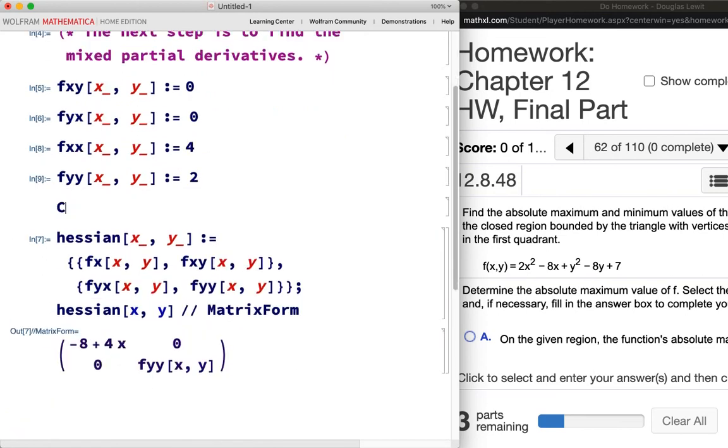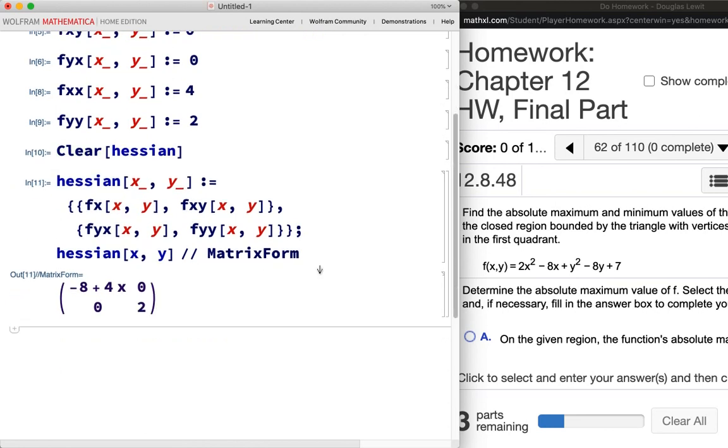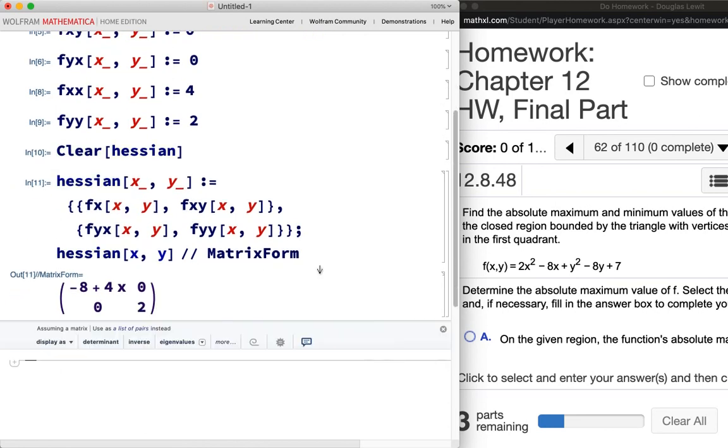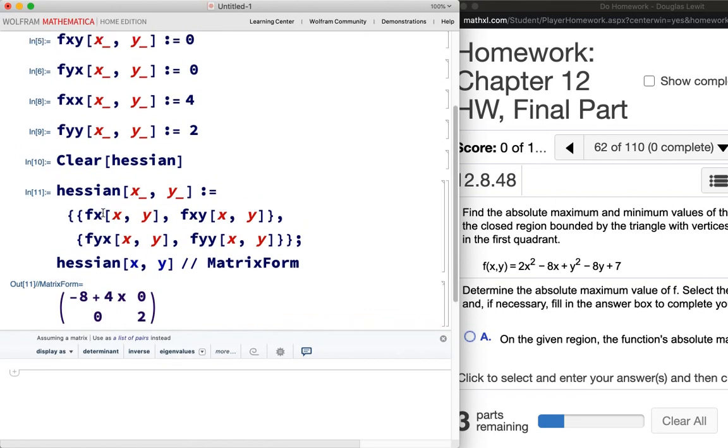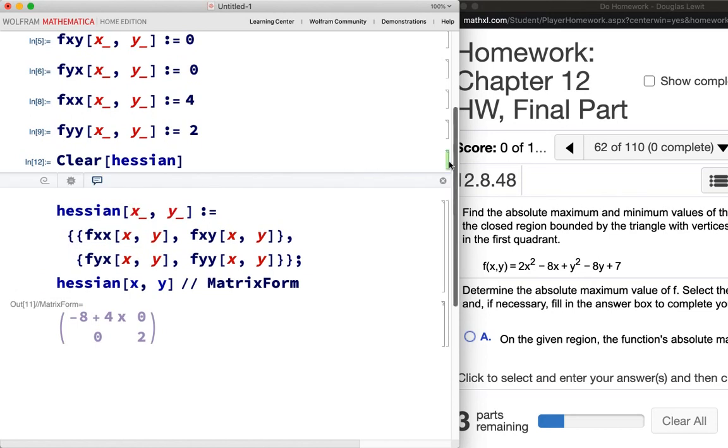Okay, so let's start that over again. Clear Hessian. Let's do this one more time.